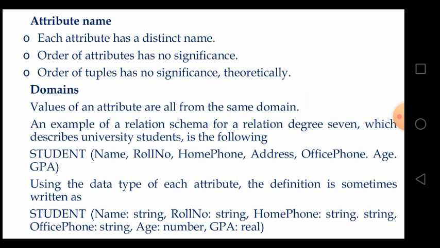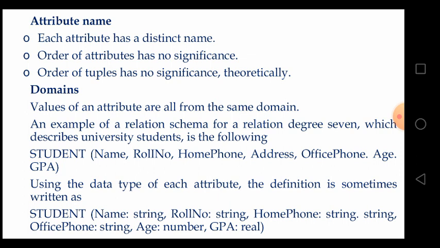Order of attributes has no significance. Order of tuples has no significance theoretically. Attributes have distinct names, and the order of attributes and tuples has no significance.